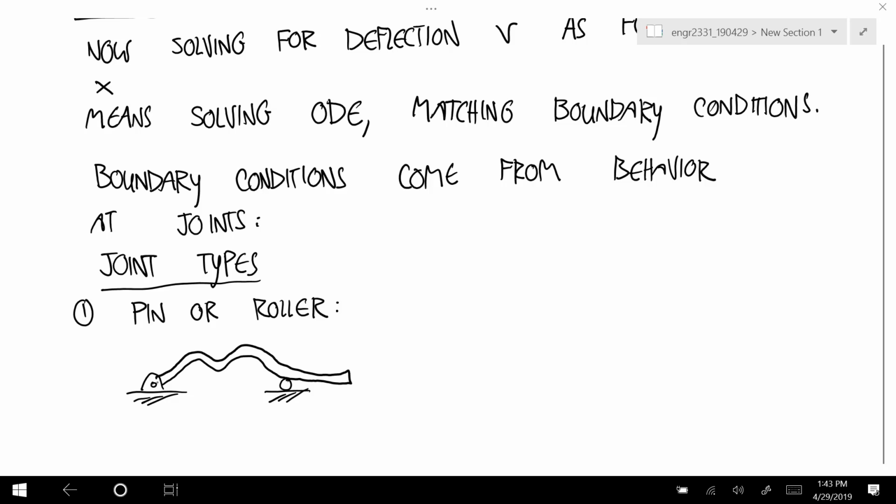The angles can be whatever. They don't put restrictions on that, but the height at that point we know. So for a pin or a roller, you have V equals 0 at the joint location.